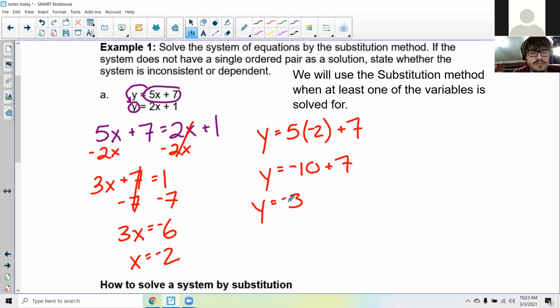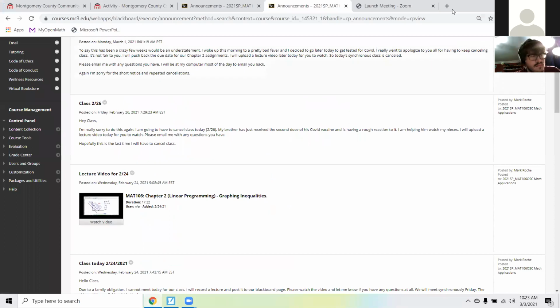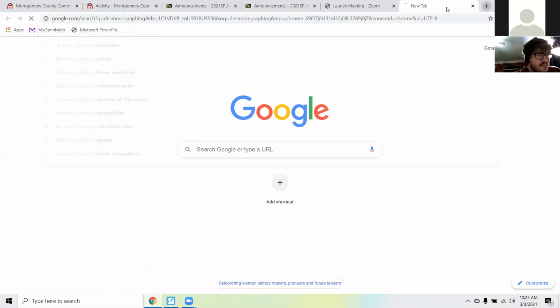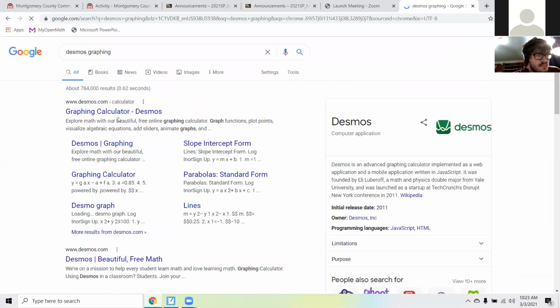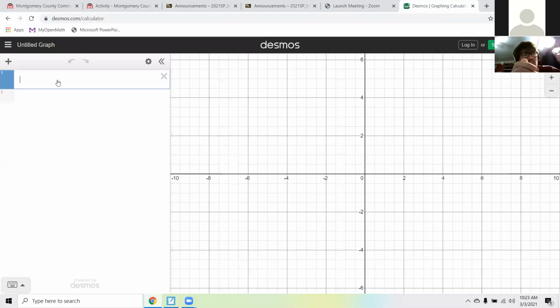So if you were to graph these two lines, they would intersect at the point negative 2 comma negative 3. Let me just show you, if it loads. 5x plus 7, and the other one, 2x plus 1.